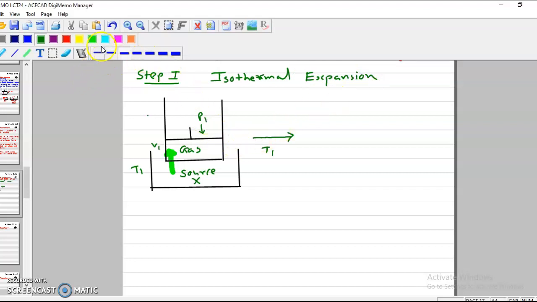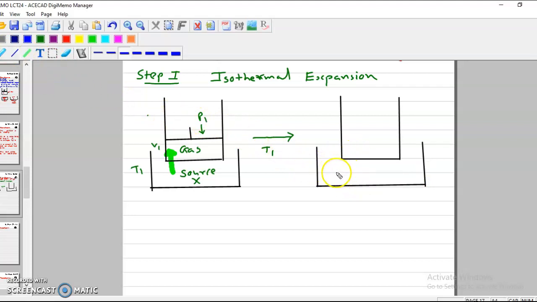Okay. So here in this condition, what happened? To the system when it is absorbing heat at constant temperature.